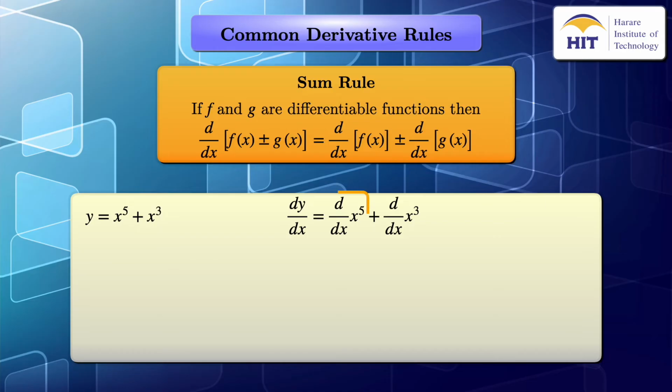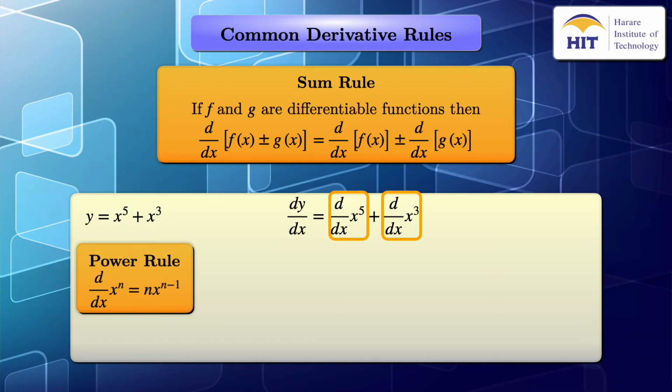Now we evaluate these using the power rule, which says that the derivative of x to the power n is equal to n multiplied by x to the power n minus 1. For the first one, our n is 5, so we'd have 5 multiplied by x to the power 5 minus 1.